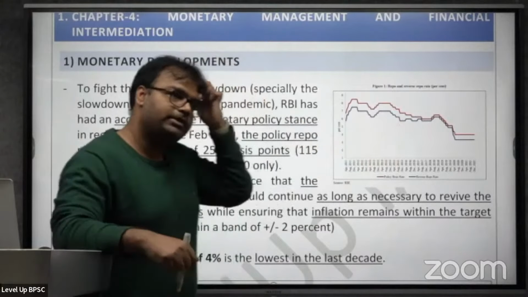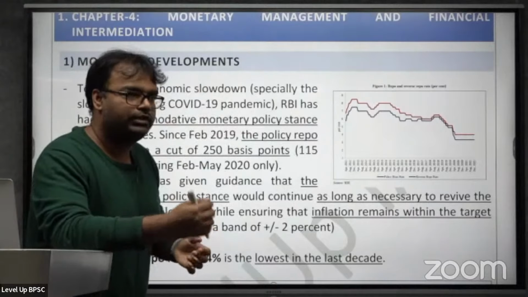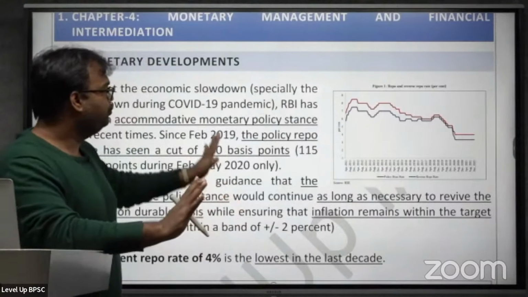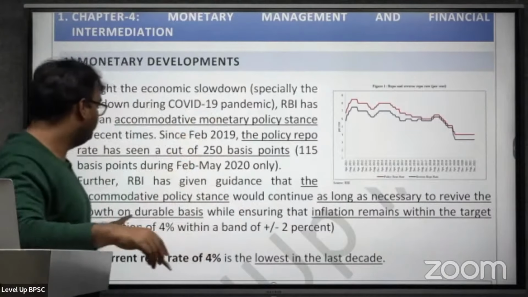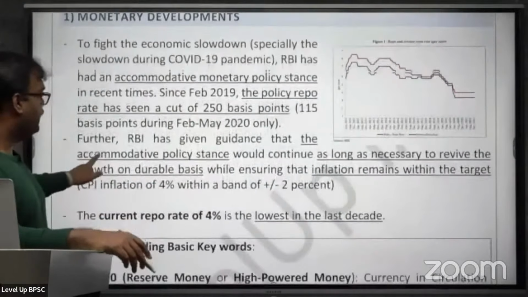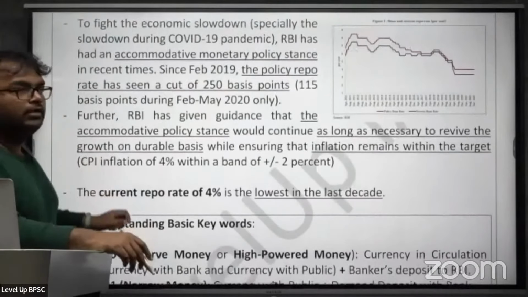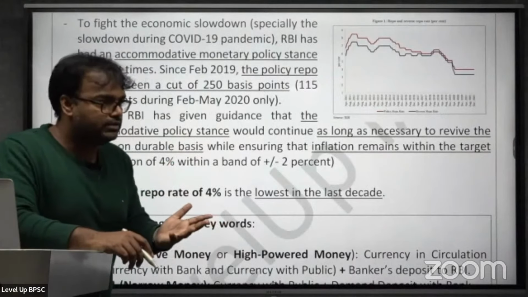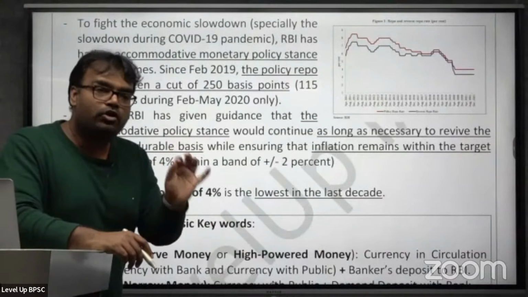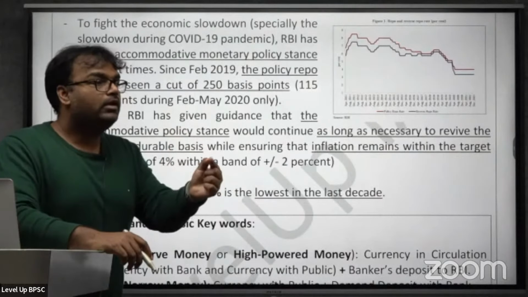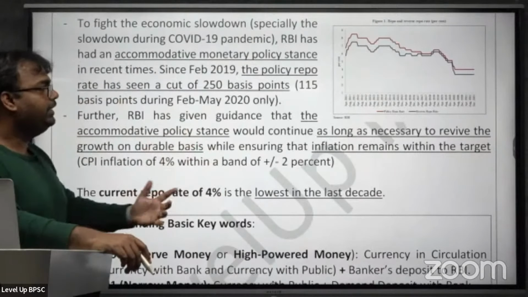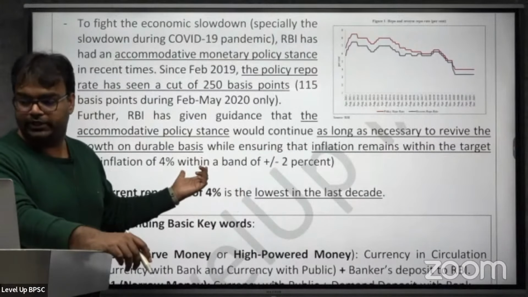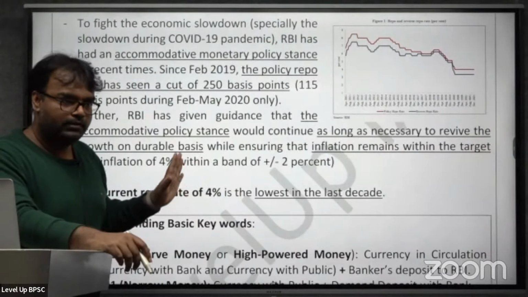It was expected that with revival in the economy and everything, reverse repo rate and repo rate would be increased, but RBI has continued with the accommodative policy, and it has also given what is called forward guidance that in future also we will continue with an accommodative stance to revive the economy till the time we are able to maintain inflation between 2 to 6%, which is the target. Fine, you got this.